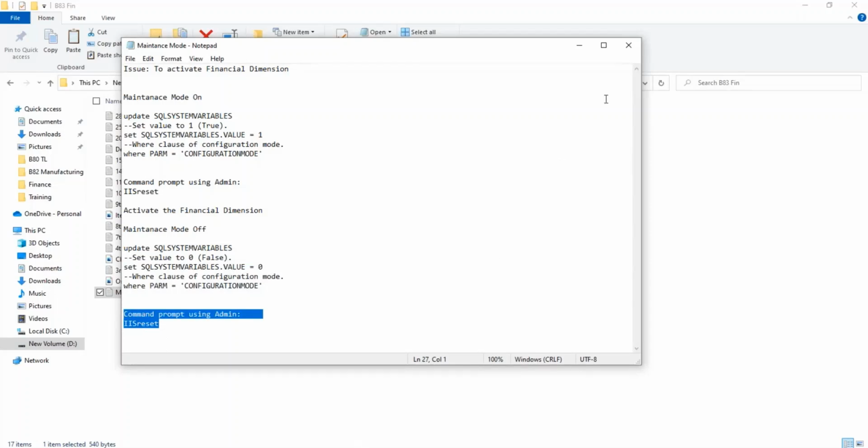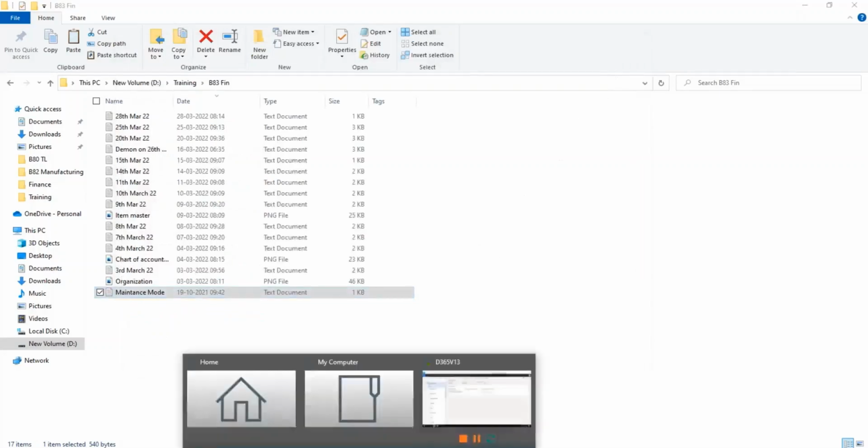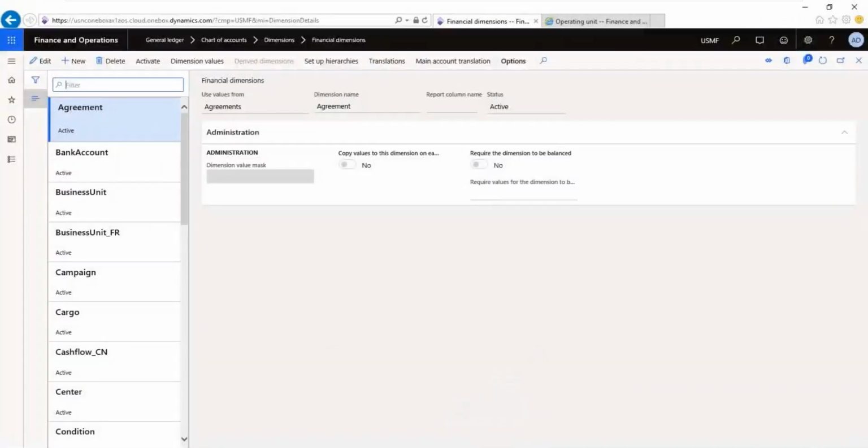If it is a production server, you cannot do it. Only Microsoft can do it, because the production or live server is under Microsoft's control. If it is a test server, UAT server, pre-production server or dev server, then it will be in your control and you can activate using that help.